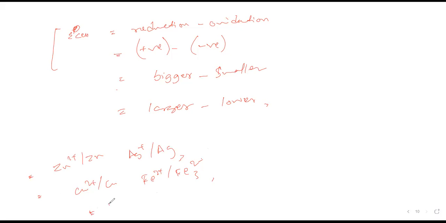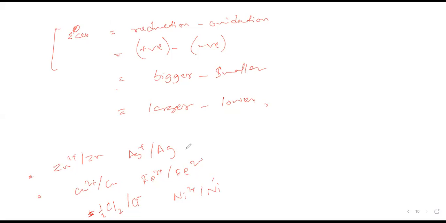In this case the half cells are Cl2/Cl minus and Ni2 plus/Ni. These are the three examples which you should try by yourself.